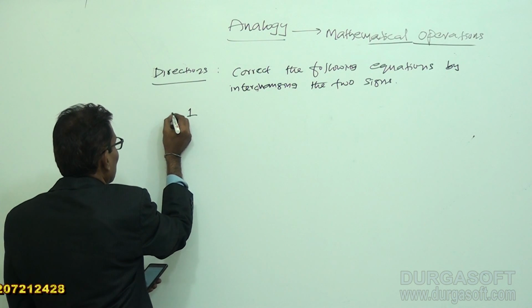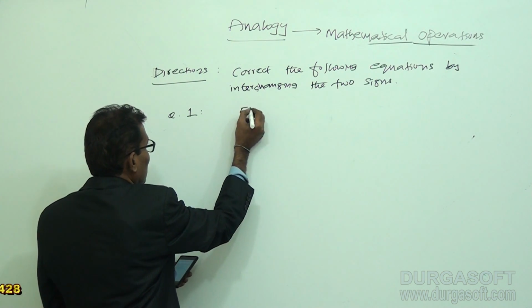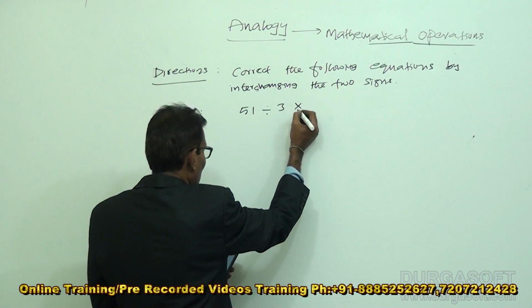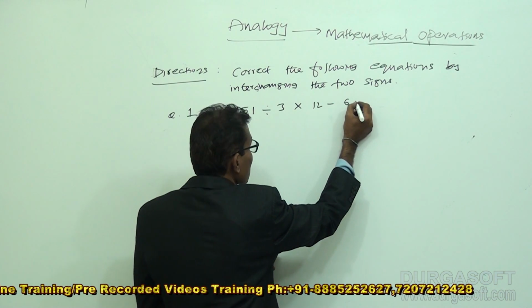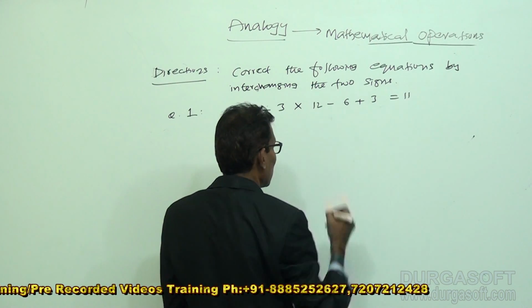Question number 1. The question is 51 divided by 3 into 12 minus 6 plus 3 is equal to 11.